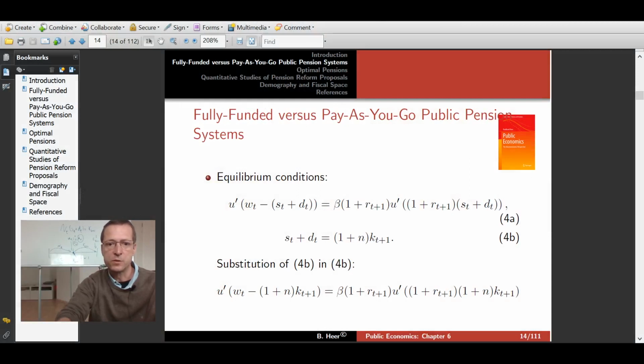So we get to equation 4b. And we can substitute 4b into our equation 4a, so we can eliminate ST plus DT from this equation, and we see that we have a first order equation, an Euler equation, that only depends on WT, RT plus 1, and KT plus 1.